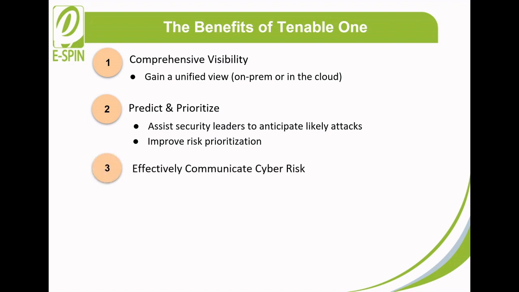Effectively communicate cyber risks. Tenable One provides security executives and business leaders with a centralized and business-aligned view of cyber risks. With Tenable One, you can view progress over time with benchmarking against external peers through clear KPIs. You can also gain actionable insights into your overall cyber risk and deliver business-aligned risk assessments that allow you to enhance communication and collaboration among different constituencies.